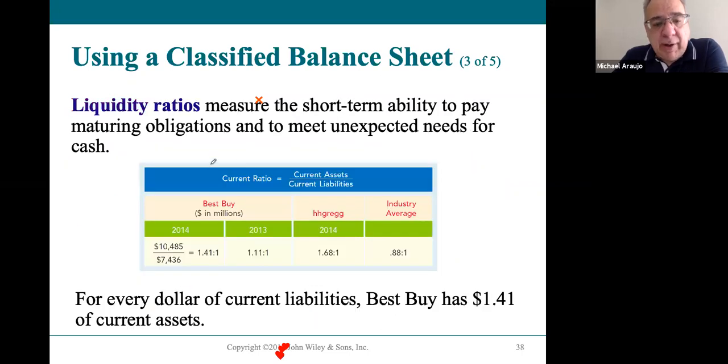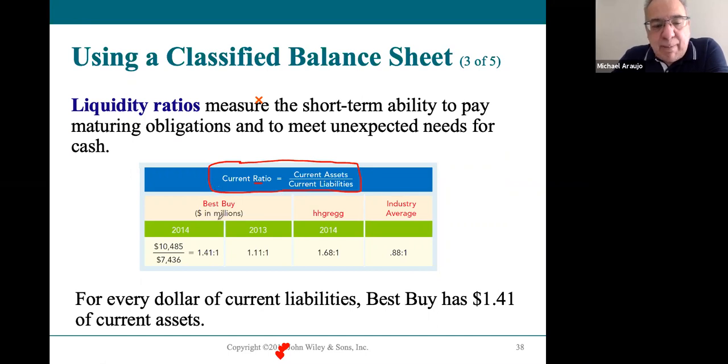But the big one that you'll hear about over and over again is current ratio. The current ratio is literally a ratio. You're comparing the total of the current assets and the total of the current liabilities. This is a very popular ratio that's talked about.